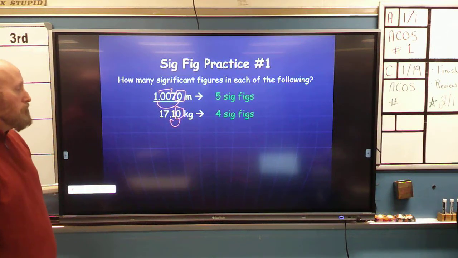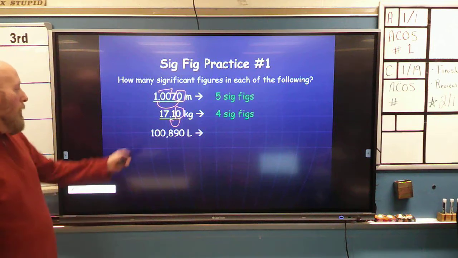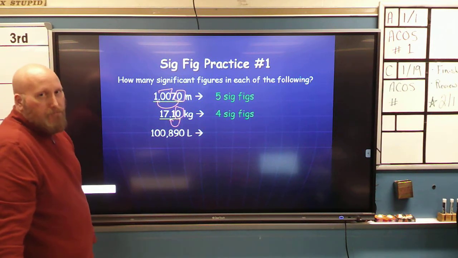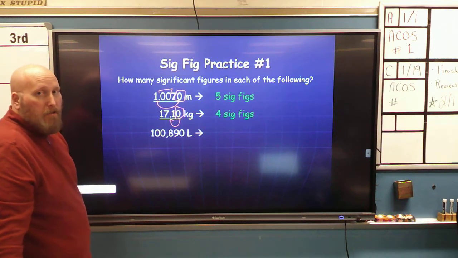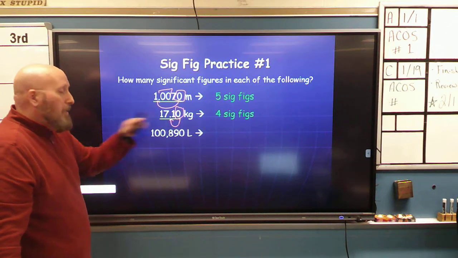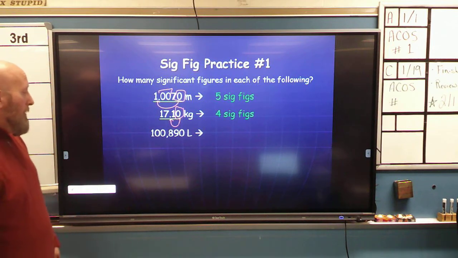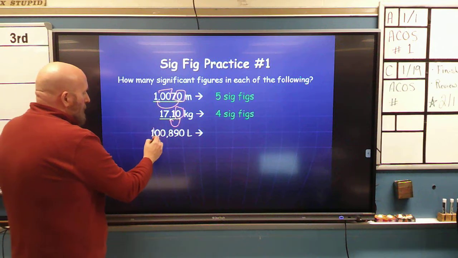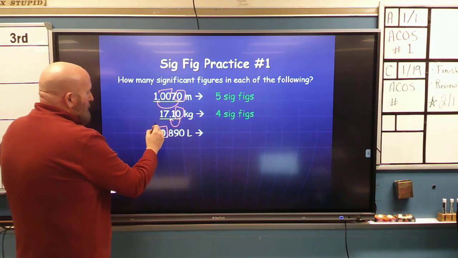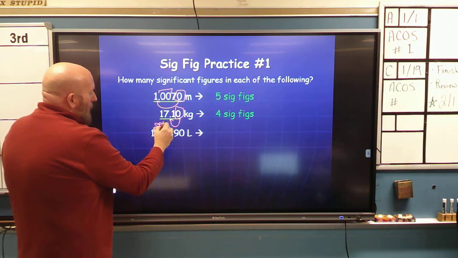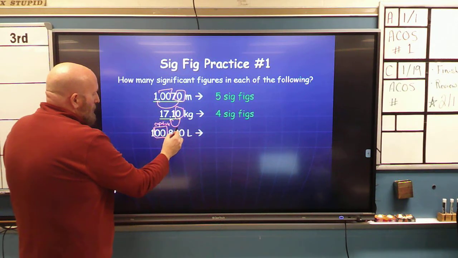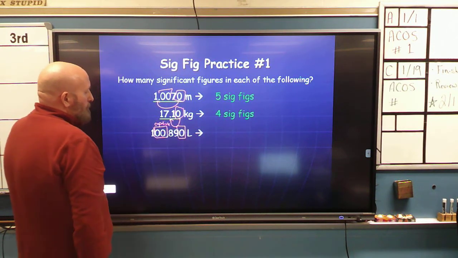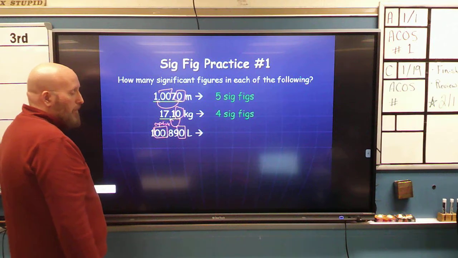What if I give you this one? 100,890 liters. How many of those are significant? Well, we know the 1, the 8, and the 9 are obviously significant. What about the zeros? Well, these zeros are captive, aren't they? So they count. This zero right here is trailing, right?